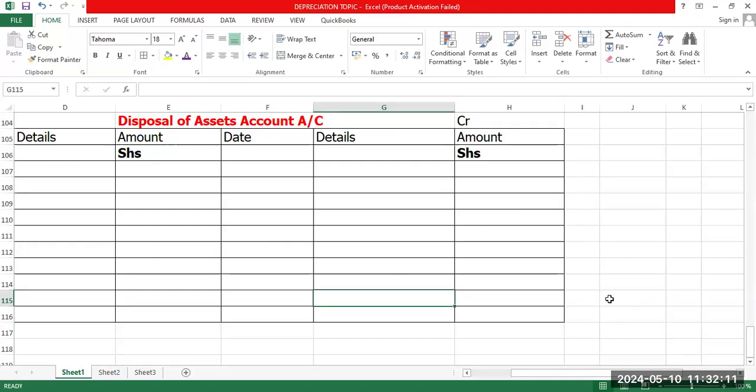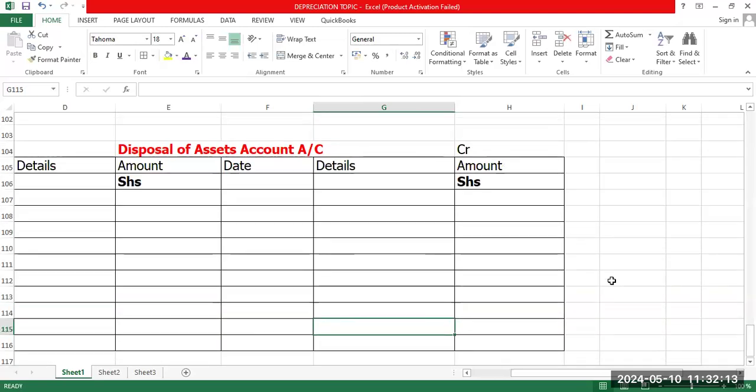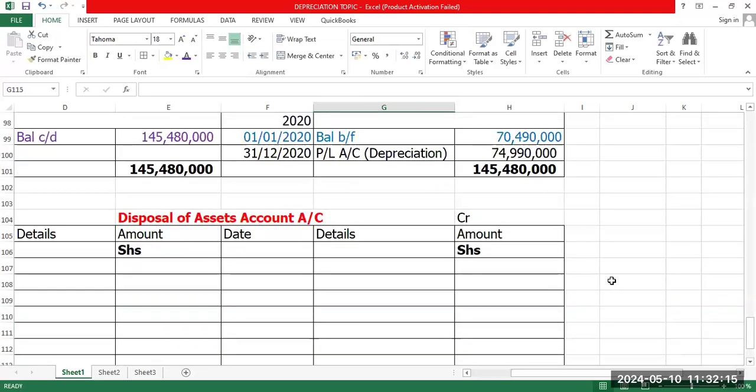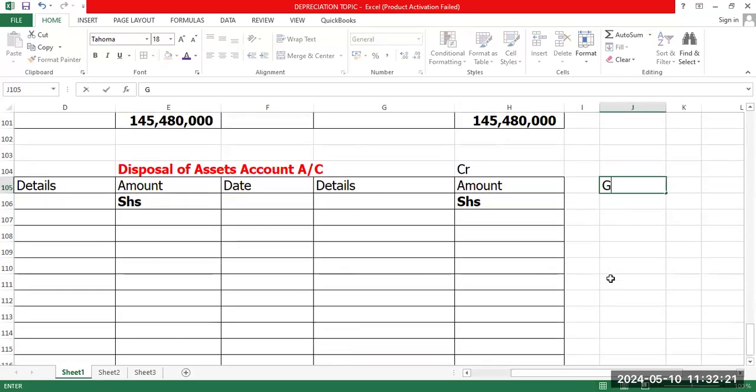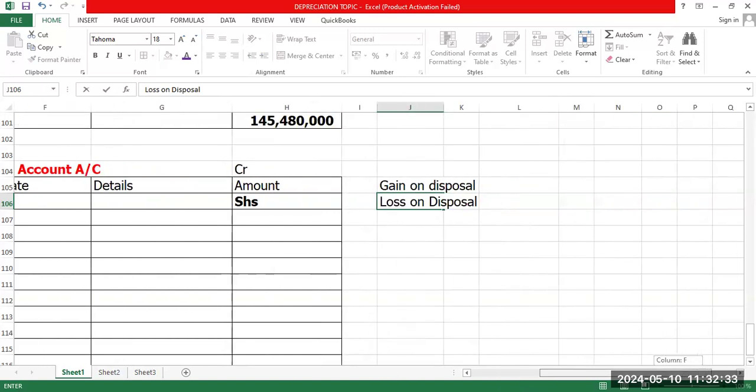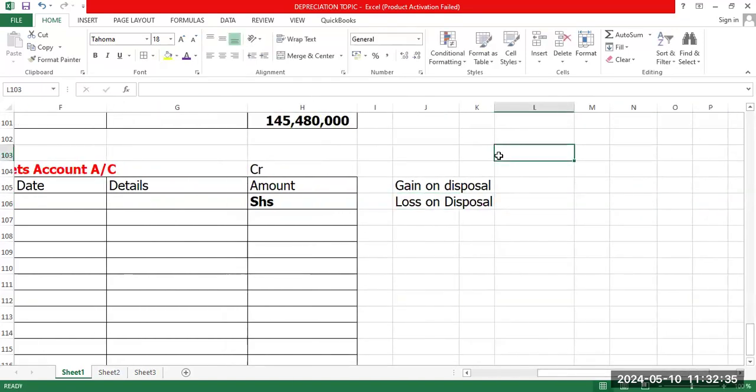Now, with the disposal account, the reason why you're doing this is to find out whether each year you are making a gain on disposal or you're making a loss on disposal. That is the reason why you are preparing this account.